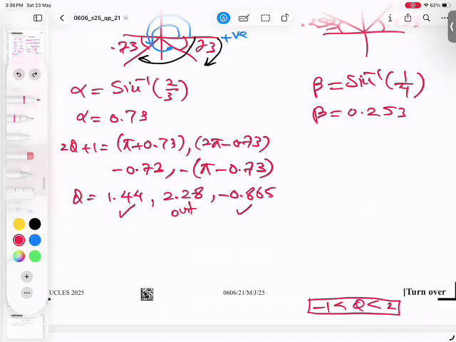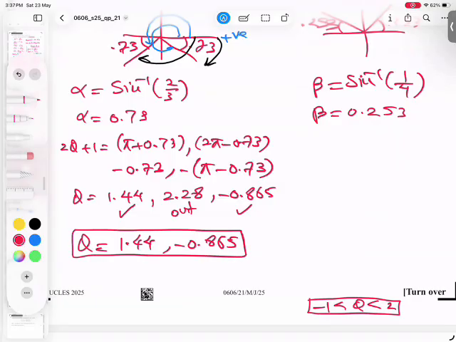So I'm writing here pi minus 0.73, and this answer, whatever we have, then minus 1 and divide by 2. This is crossing the boundary. So this is also crossing the boundary. So we've got two answers from here, 1.44 and negative 0.865. So two answers I got from here. And now I'll go for the second part. We'll see what answers I'm getting from the second one.